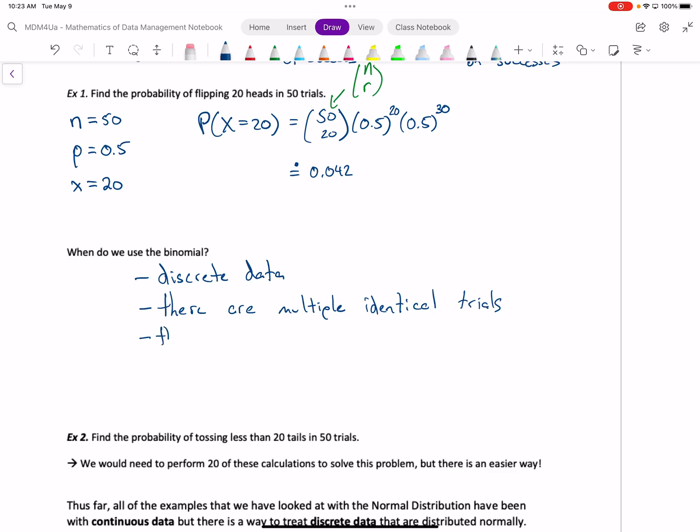So the probability of each trial is independent, and all that means is it doesn't affect the next one. And the last point is that there are two possible outcomes, often deemed success and failure.